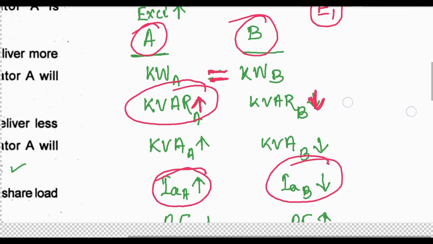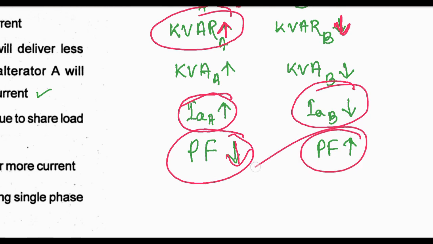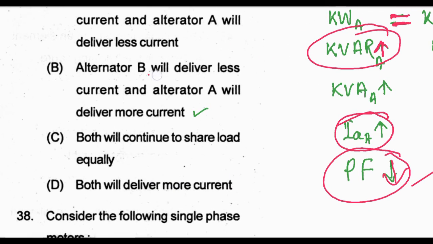As armature current is increasing, power factor of A will decrease, and that of B will increase. So what is the conclusion? Alternator B will deliver less current, alternator A will deliver more current.